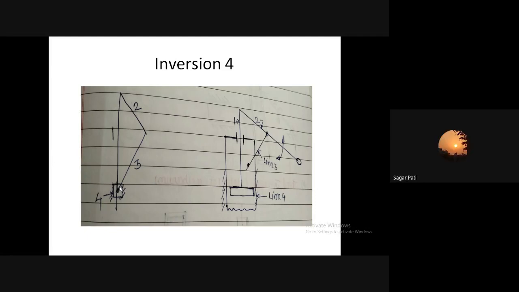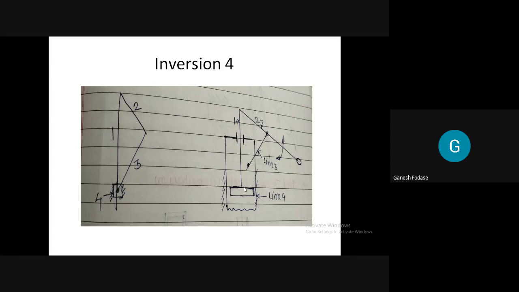So a sliding pair is formed. So you can see now this link number 1, which is already here also and here also, is made in the form of a piston. Reverse case. Link number 4, which was the slider, we made fixed, and now link number 1, which was reciprocating inside the slider, is made in the form of a piston now. So what happened now? Again, link number 1 and 4 are forming a sliding pair only. Remember, in inversions, absolute motion will not change.